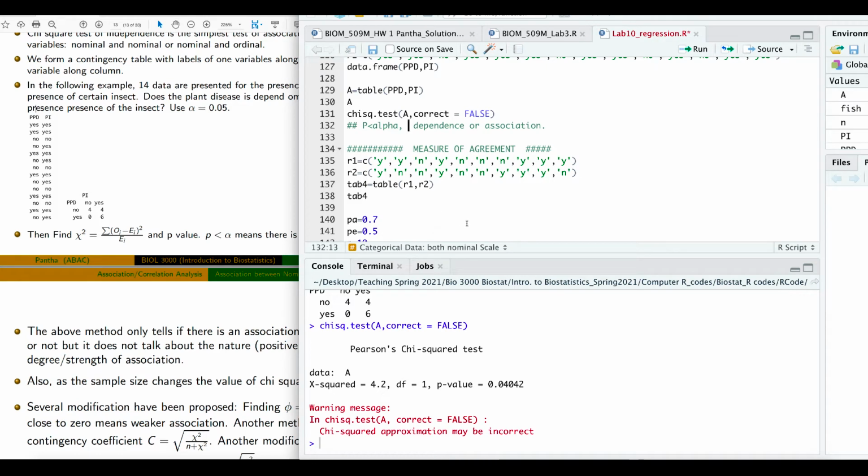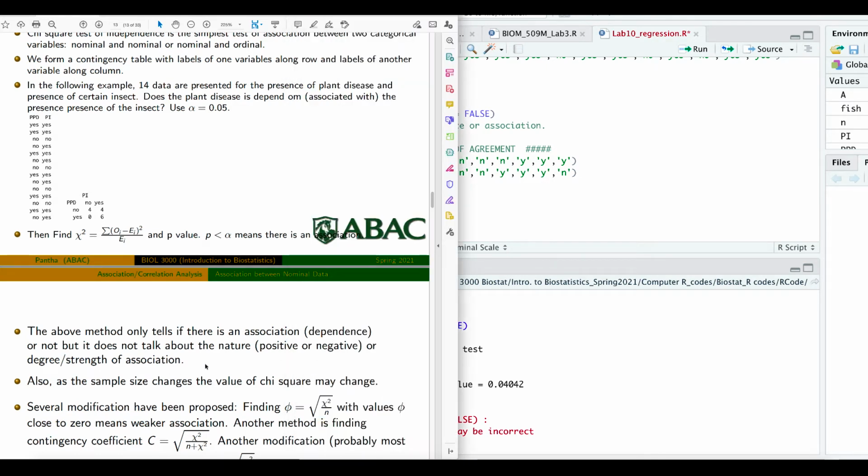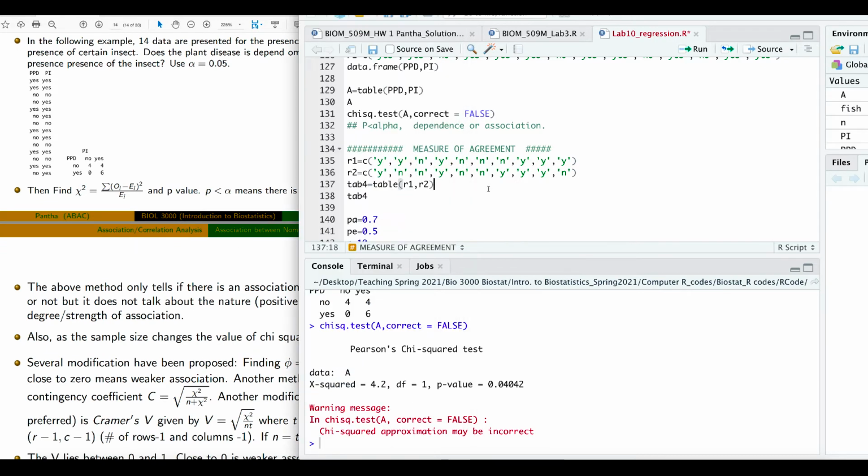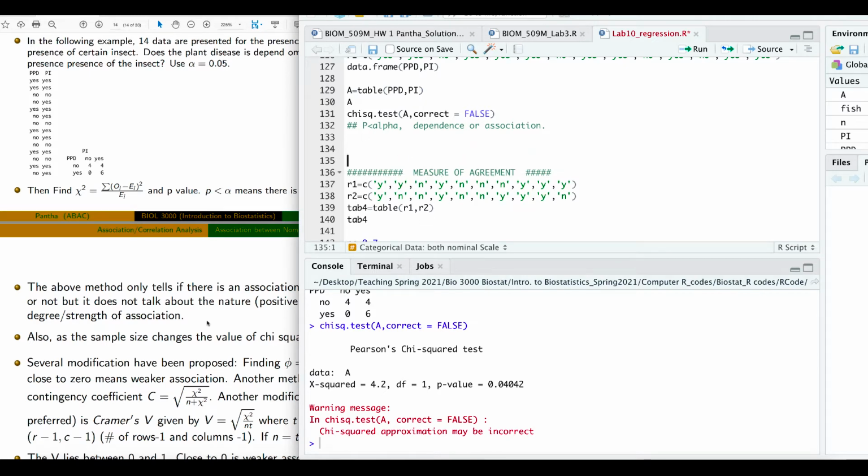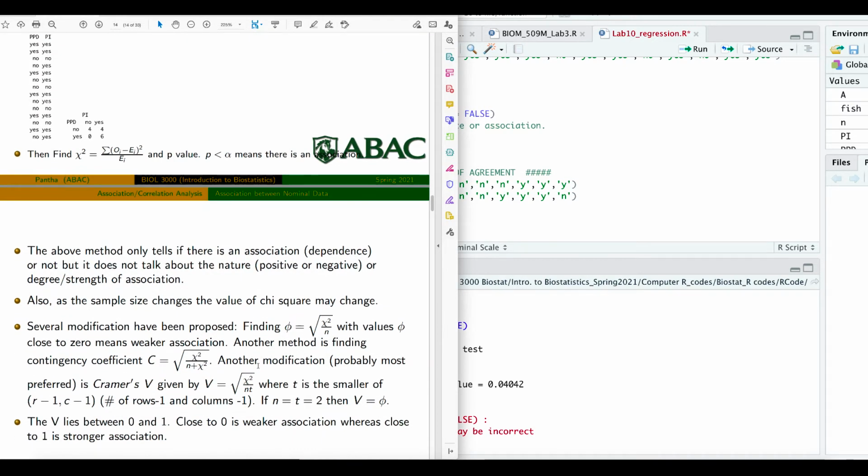So the next thing: you know that this only says whether there is association or not. But if you want to find the value of Cramer's V, how would that be?